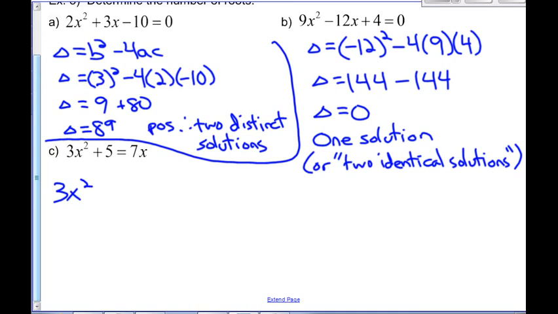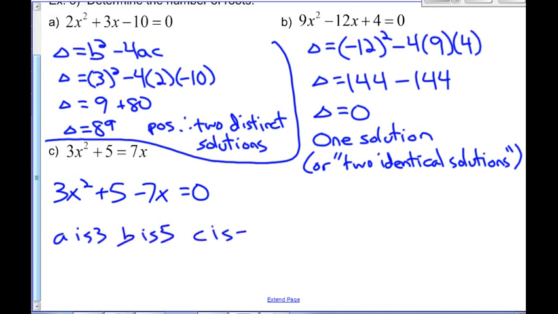Okay, and finally, taking a look at this, you can probably guess what's going to happen here. Now, I need to bring that 7x over, and I'll show you one thing that I often see as a problem. People will do this and say, oh, a is 3, b is 5, c is negative 7. Bad. The order that you write them in matters.